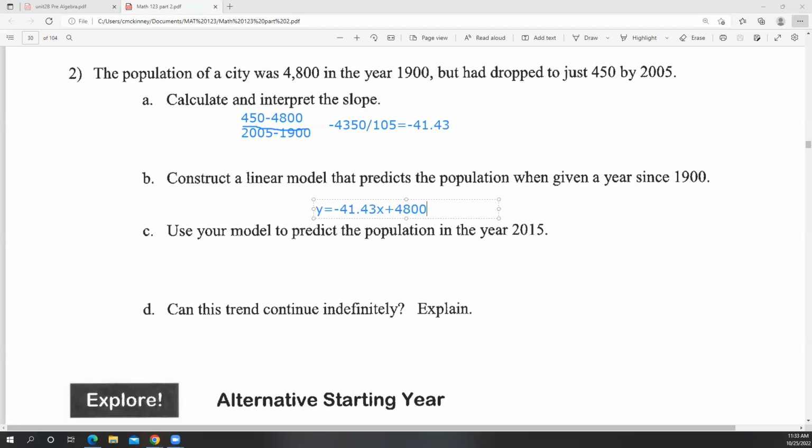Now notice when we do the C, we're not going to put 2015 in for X. Remember, it's how many years after 1900 it is. So how many years after 1900 is that? 115. So use 115.